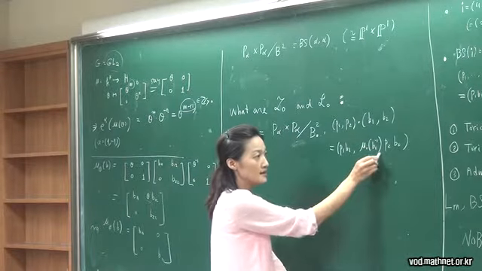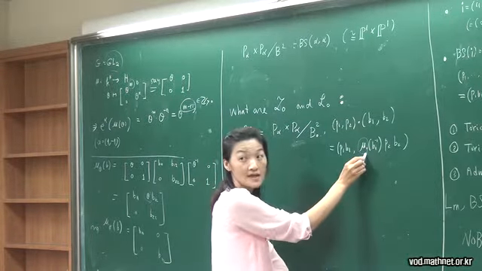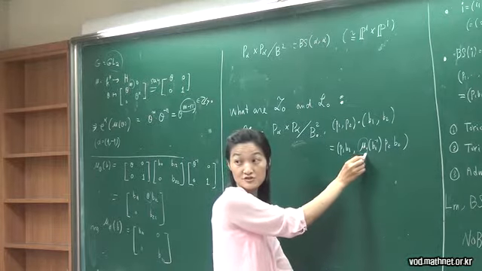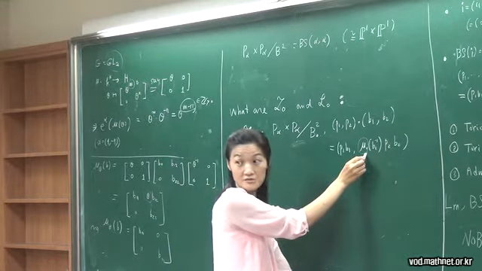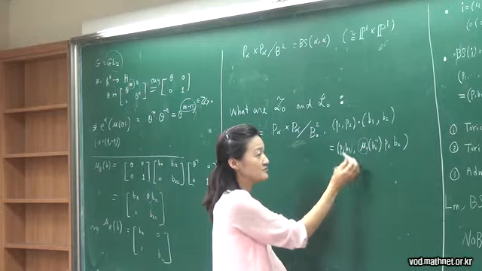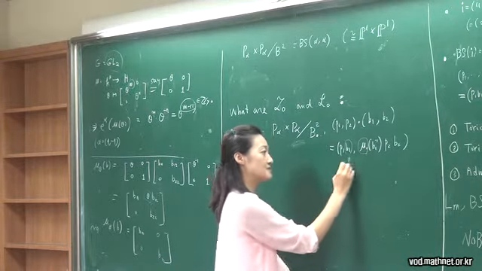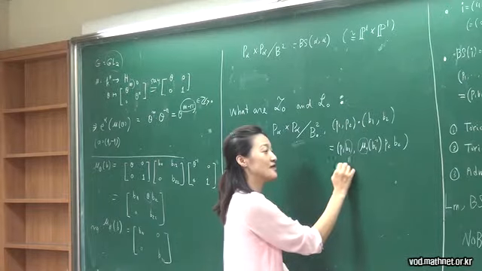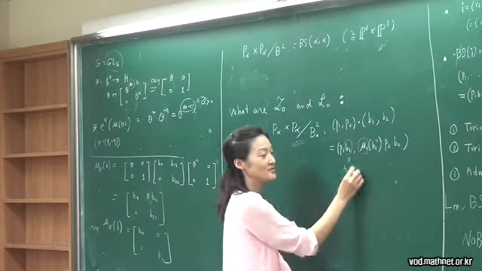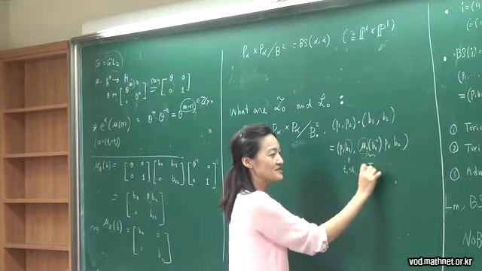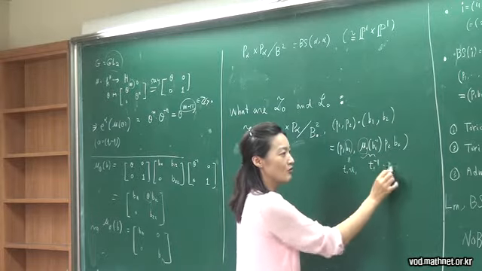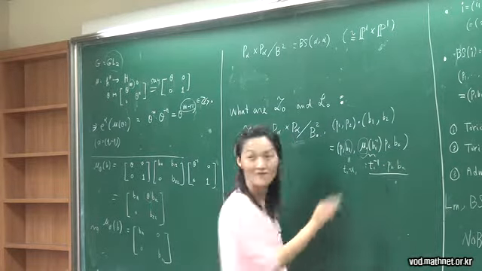Now again, mu 0 is the projection to the Cartan subgroup. So if you represent B1 as a diagonal matrix times a unipotent, then this is nothing but T1 inverse.